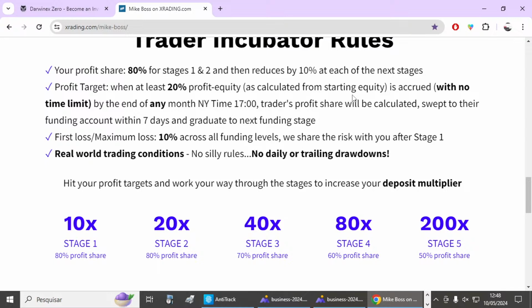And if you make 20% profit, then they're going to give you 20x capital. If you make another 20%, then they give you 40x capital. Meaning that on stage 5, if you deposit $5,000, $5,000 times 200 is how much?